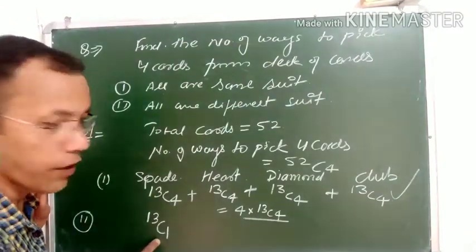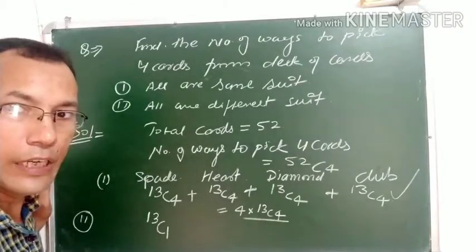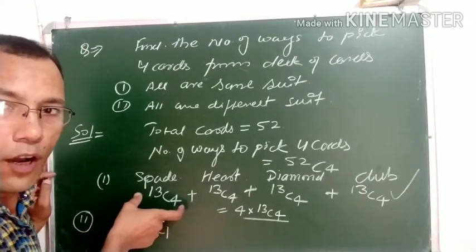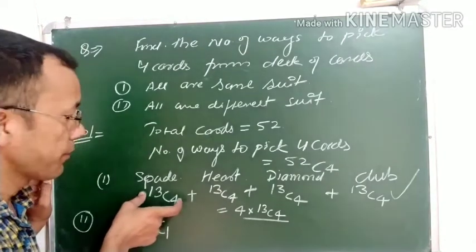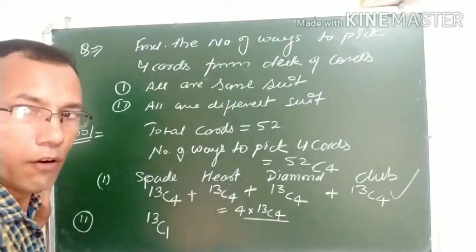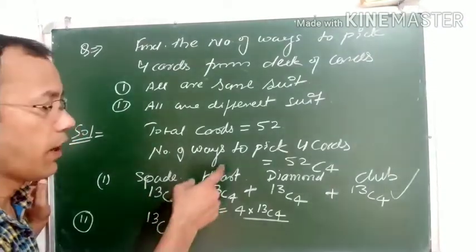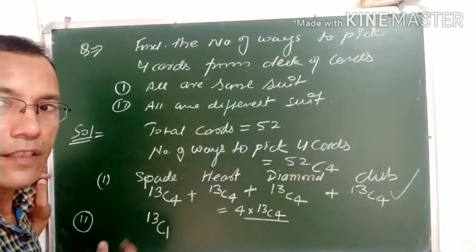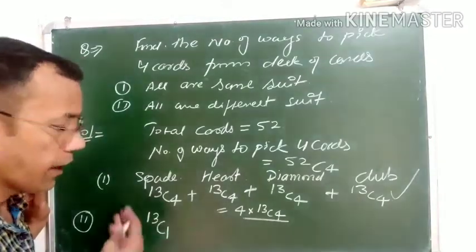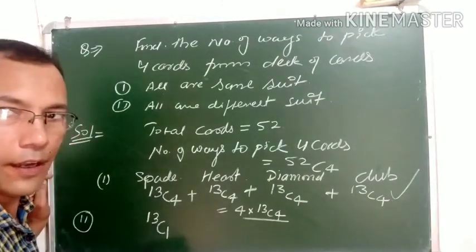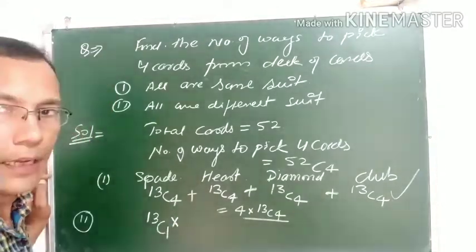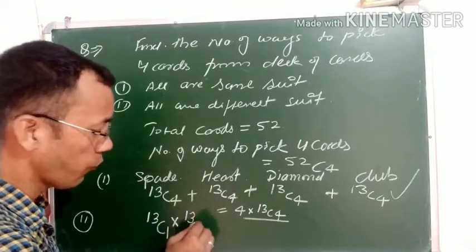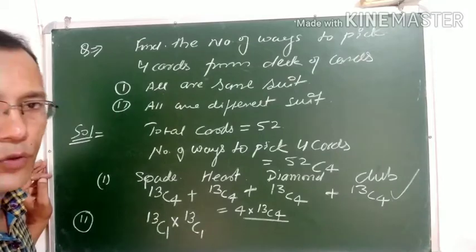So for the spade we can pick 13C1, and we need 3 more cards. Here one card we have picked, and we need 3 more cards according to the question. So we need 1 card from hearts, out of 13 hearts we can pick only 1, the different suit.